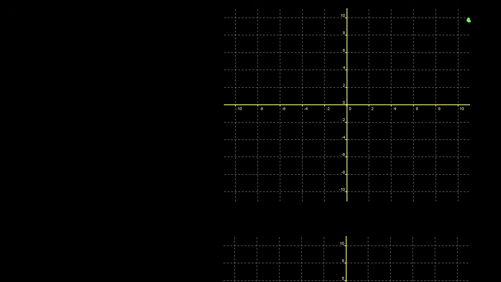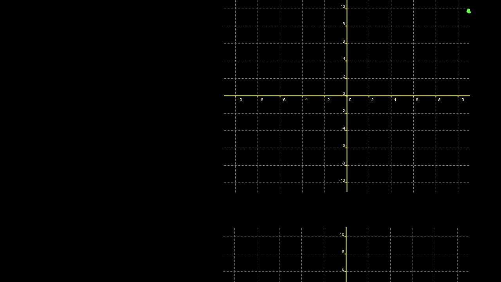So let me get my coordinate axes over here. Let's say I were to define some subset. I don't know whether it's a subspace.